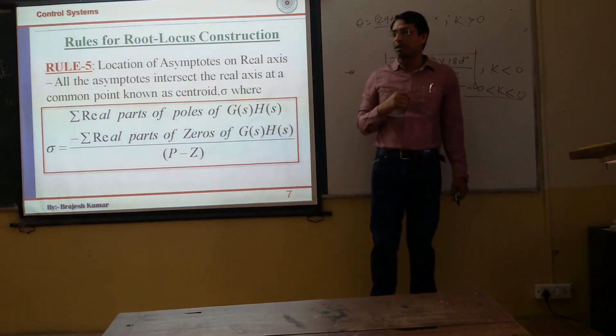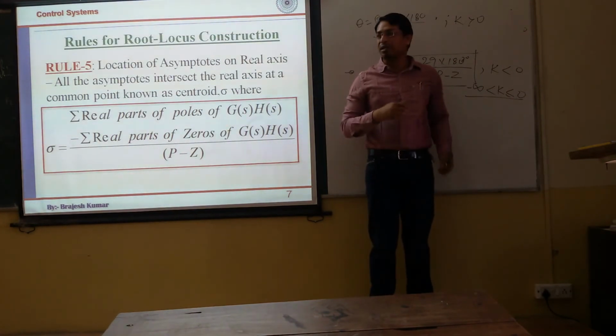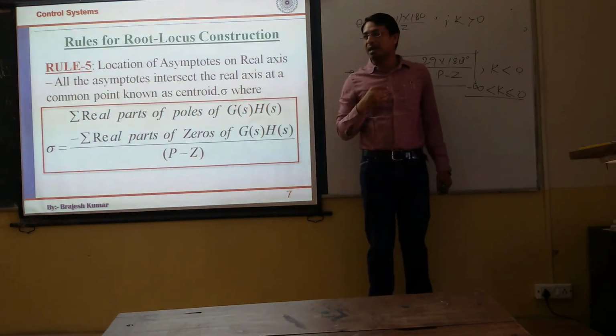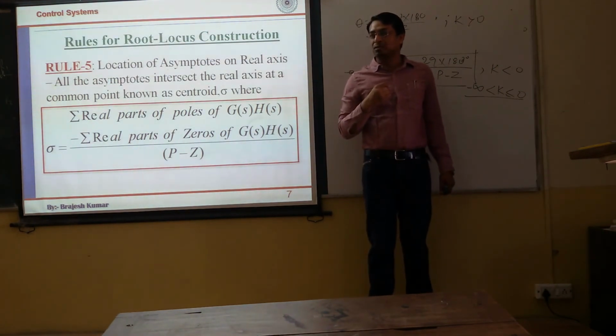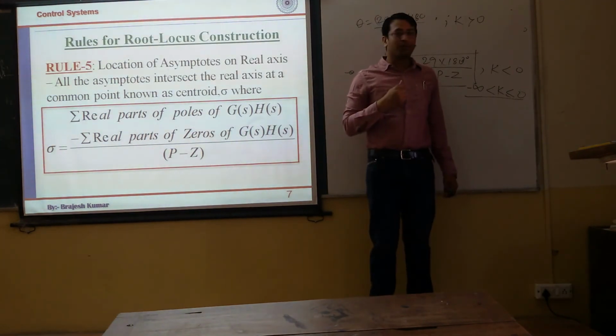This intersection formula, that is, the value of sigma, is directly given by the summation of the real parts of the poles of GSHs minus the summation of the real parts of the zeros of GSHs, divided by P minus Z. Correct? In some literature, you may find that they do not directly write the real part of the poles of GSHs.